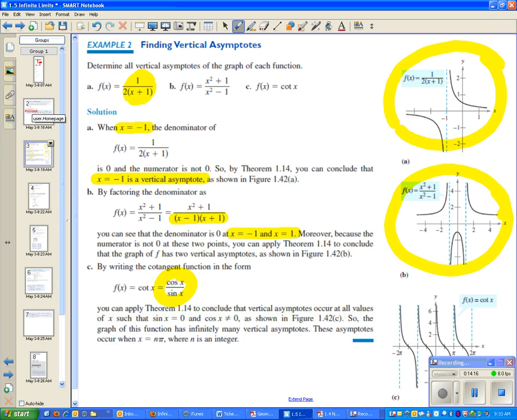Normally, any book will restrict the domain so that you don't have an infinite number of vertical asymptotes. That gets a little tough to graph, infinity and all. But they'll usually restrict it to 0 to 2 pi or -pi to pi or whatever they restrict it to so that you don't just have an infinite number of them. All right? All those make sense?